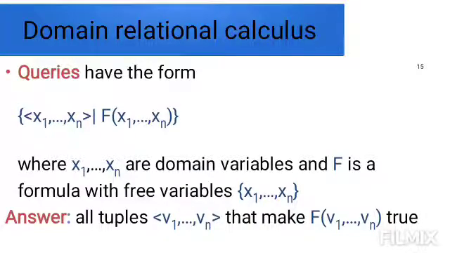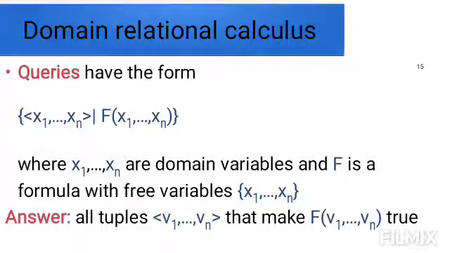In domain relational calculus, we also use variables, but in this case, the variables take their values from the domain of the attribute rather than the tuples of the relation.